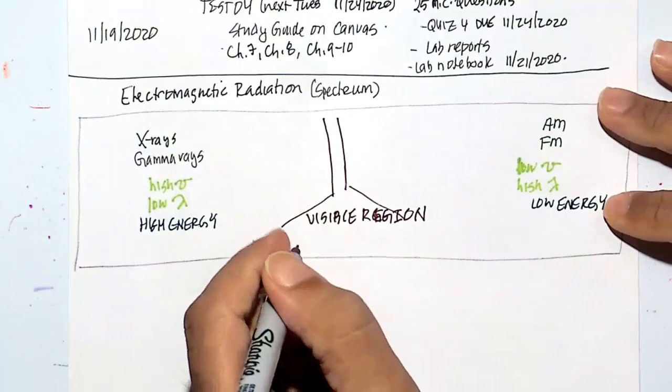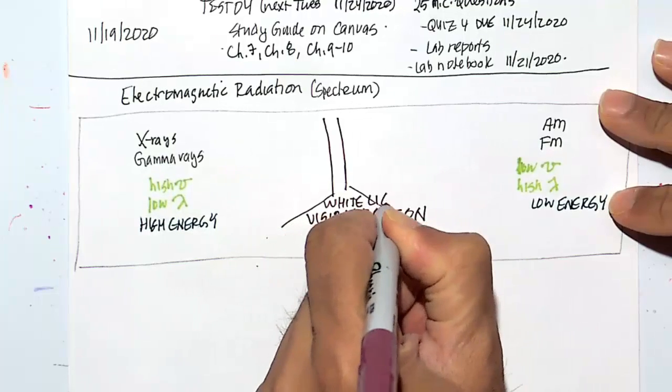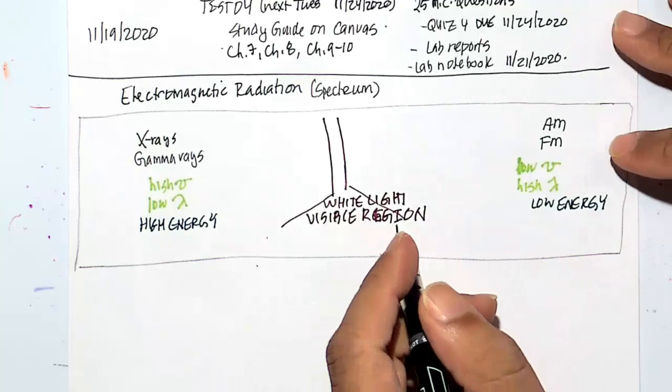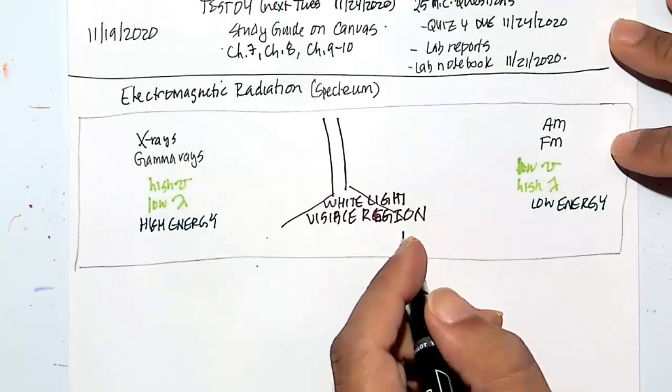It's the visible region, white light. And that white light actually has 7 parts to it, 7 different wavelengths, 7 different frequencies, 7 different energies, and it's Roy G. Biv is how it goes: red, orange, yellow, green, blue, indigo, and violet.